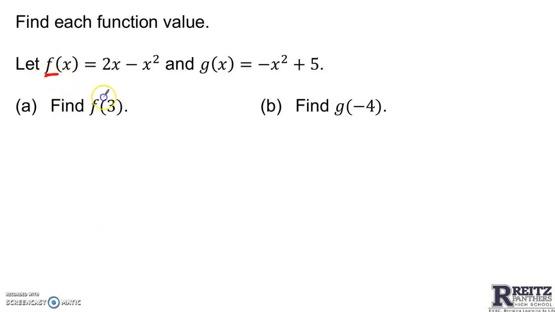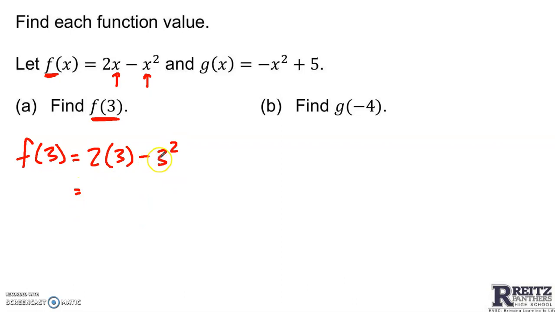Okay, to find f of 3, I need to take the rule for function f, 2x minus x squared, and everywhere that I see x, I need to replace x with 3. So I've got 2 times 3 minus 3 squared. And now I need to simplify the right-hand side with order of operations.